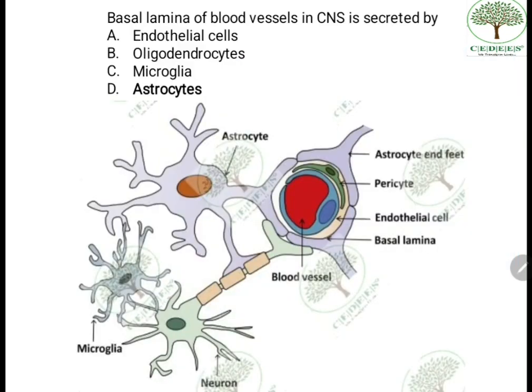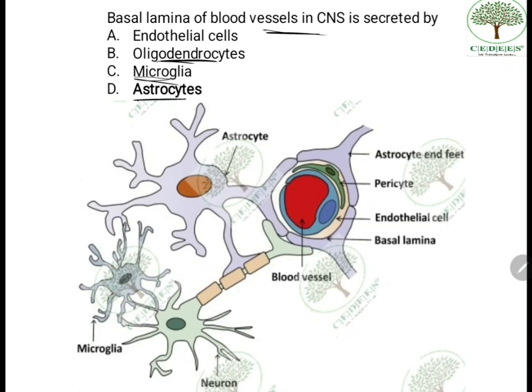Now the next question is basal lamina of blood vessels in the CNS. Now for this, we need to remember the important cells present in the CNS. Along with the neurons, we have some neuroglial cells as well. So we have the microglia, we have astrocytes, and the oligodendrocytes.